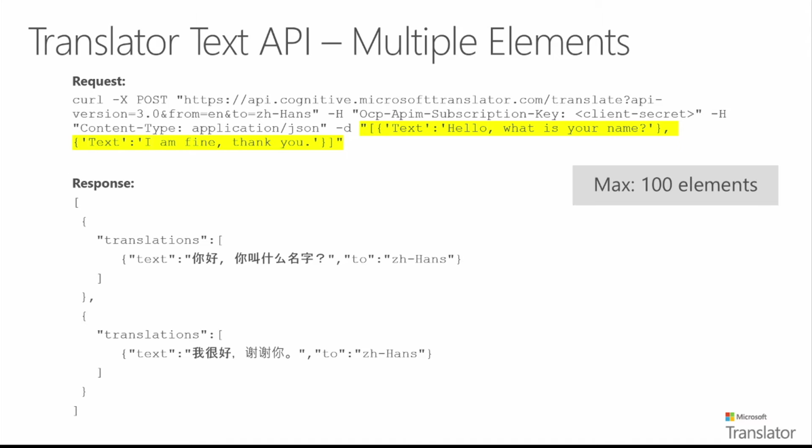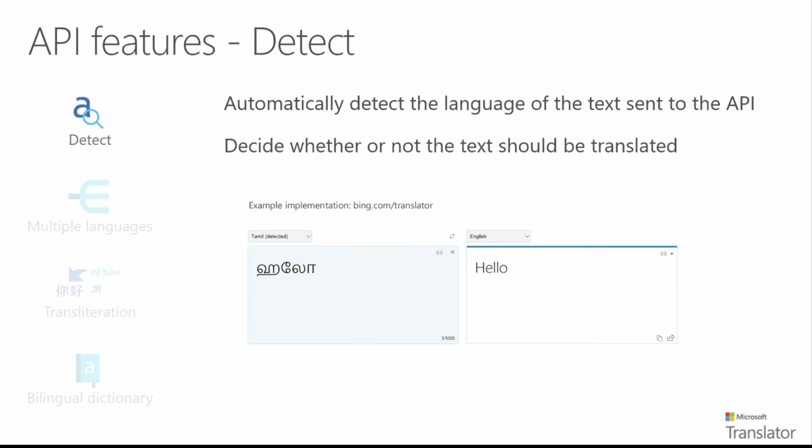You can segment your data that you want to translate into array elements, and you get them back as array elements. A maximum of 100 elements that you can translate in one go. There's a detect function.